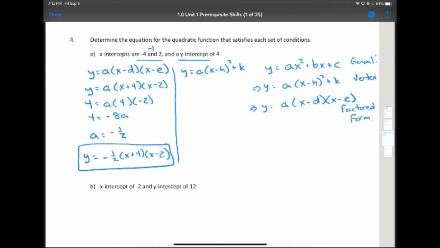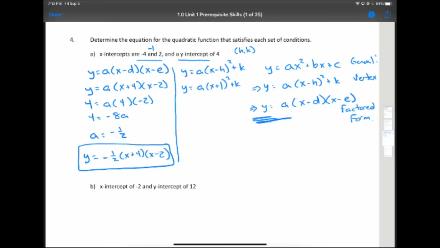And that means that this becomes y equals a(x plus 1) squared plus k, where (h, k) is my vertex. Now I remembered why I wanted to do this version right there instead of the vertex form.